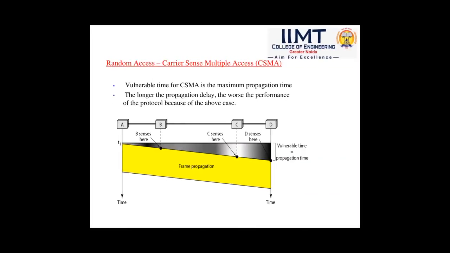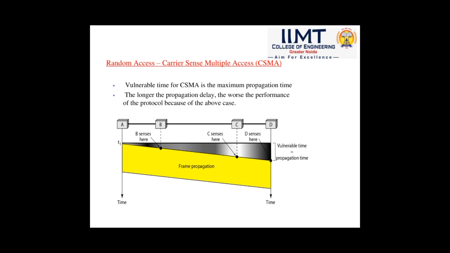Now in the previous protocol, the Aloha protocol, the station that wants to send data directly sends the data without sensing the medium. If they check whether the transmission medium is idle or busy, then the chances of collision can be minimized.